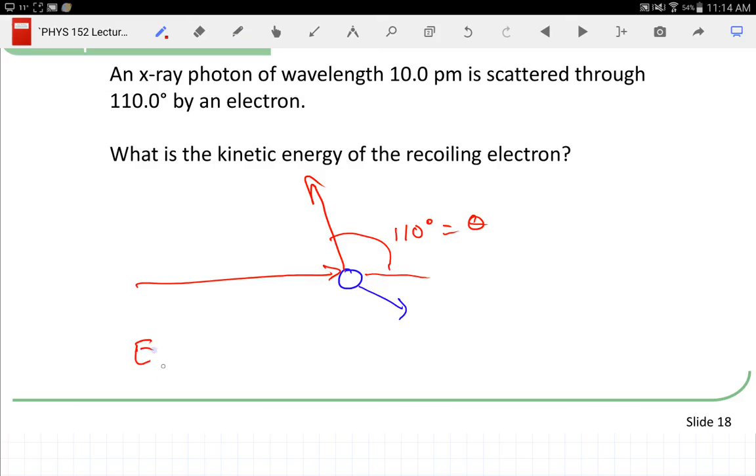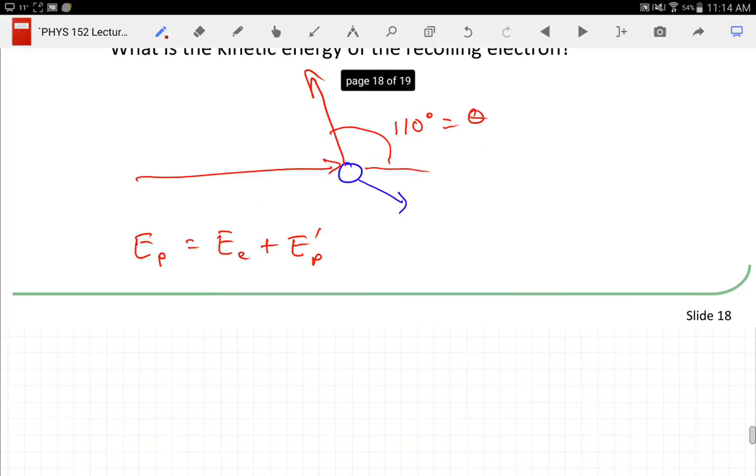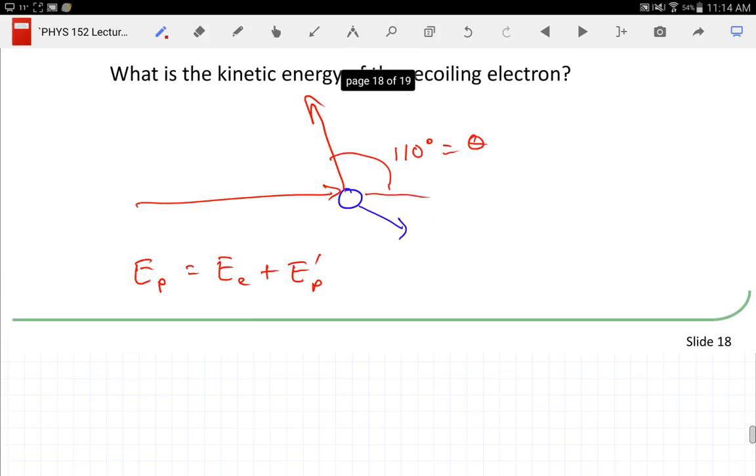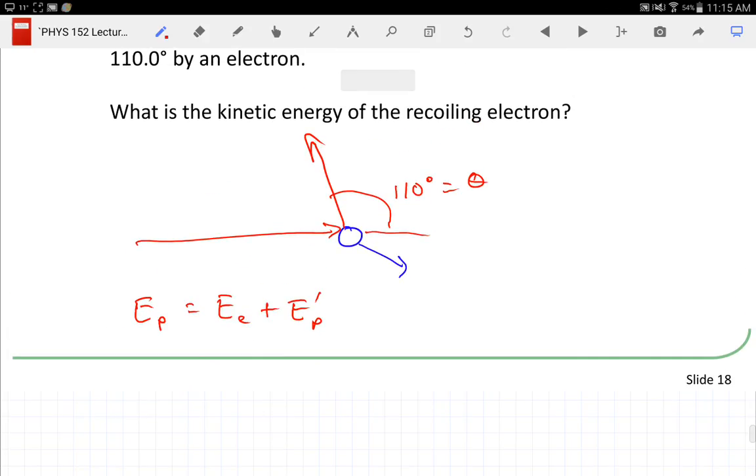The energy of the photon initial is equal to the energy of the electron plus the energy of the photon in the end. Right? That's energy conservation. I'm going to leave it that way. What do I know to start with? I know one of those three things.